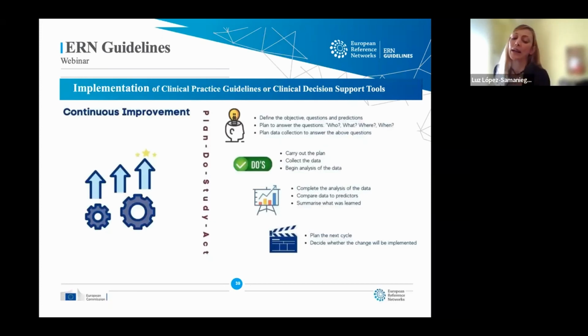If clinical practice guidelines or clinical decision support tools are not being implemented as intended, or are being implemented as intended but not producing the desired outcomes, then improvement cycles can be used to support continuous improvement until the whole change is implemented. So we have an objective: are we achieving it or not?